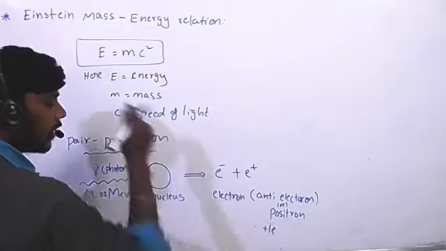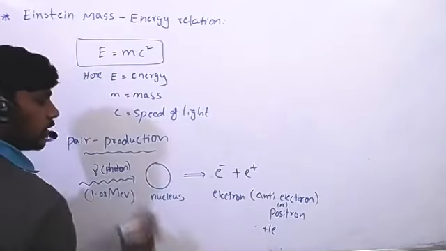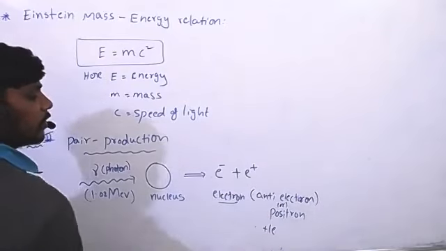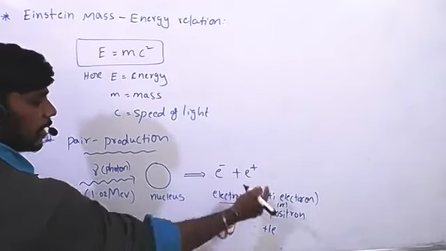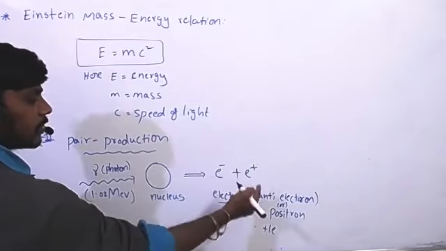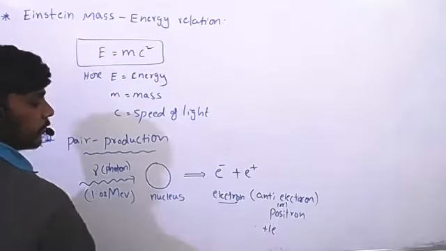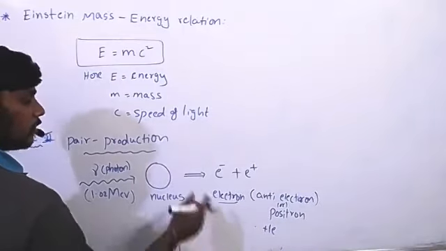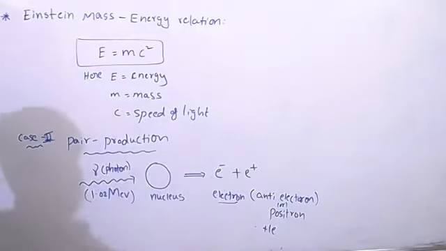Positron has the same amount of mass. What is the spin of the electron? Same. When a positron collides with an electron, annihilation will happen, so again energy will be released. Mass is converted into energy. Vanu Prasad, clear? Yes, sir.